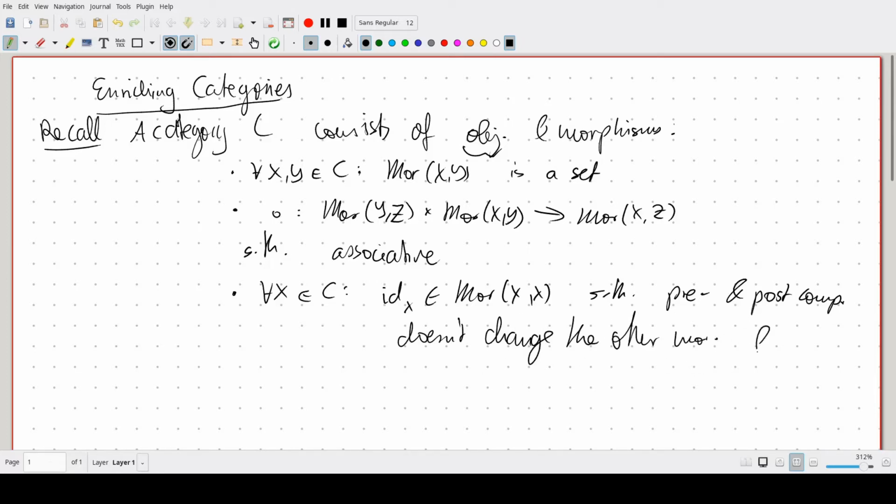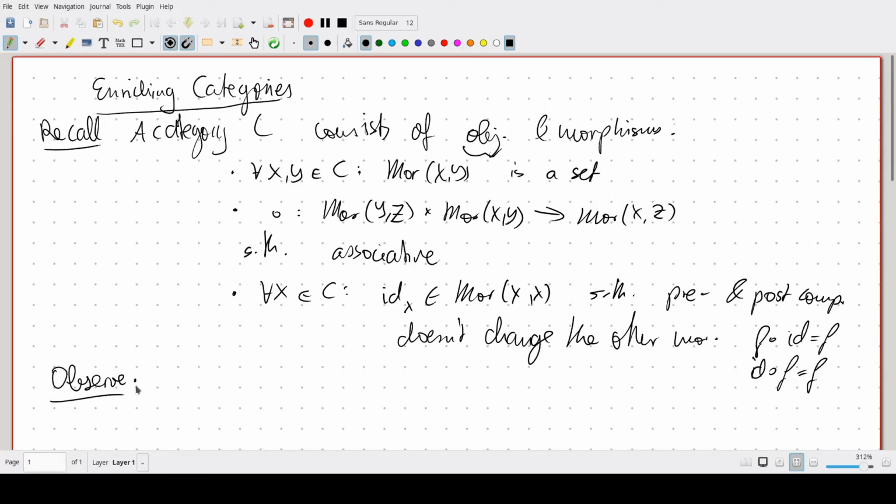Meaning that f composed with the identity is just f, and the identity composed with f is f, where we here take id to be the identity of the only space, such that we can compose the two.